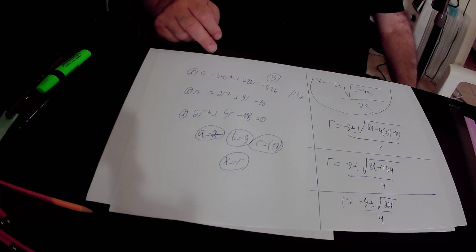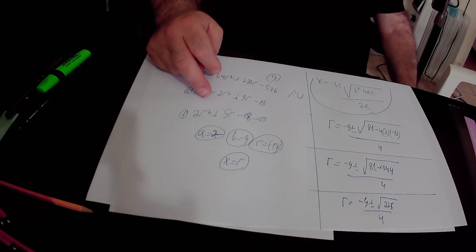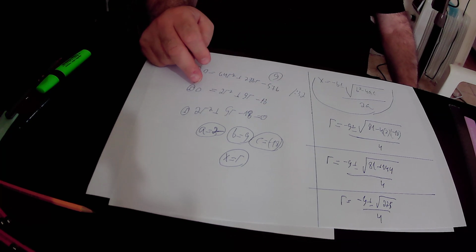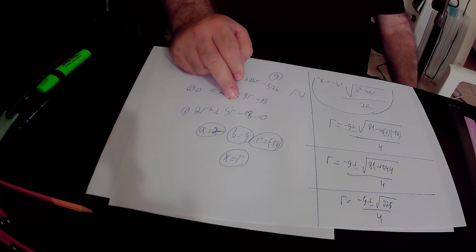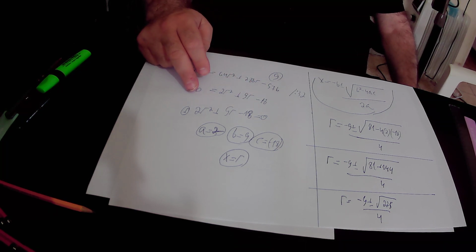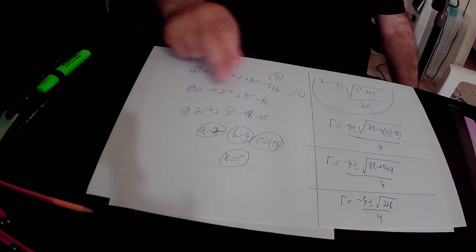So we have the quadratic equation 2r squared plus 9r minus 18 equals 0, where the coefficient a equals 2, b equals 9, and c equals minus 18. The variable we are looking for is r, so x equals r.